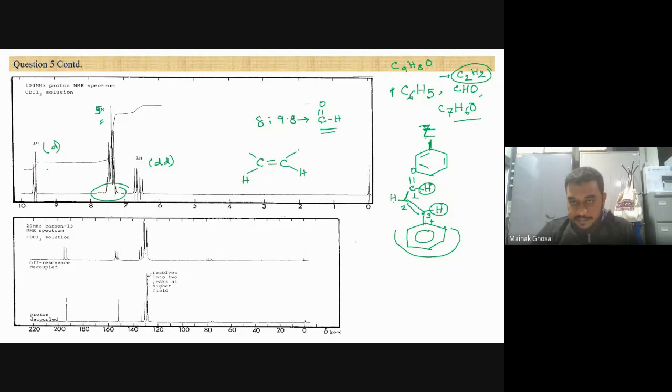One for this carbon, 2, this is third, fourth, fifth, sixth, seventh. Now you cannot predict here, it is very much cloudy. So you see a 7 carbon pattern will be here. Okay.